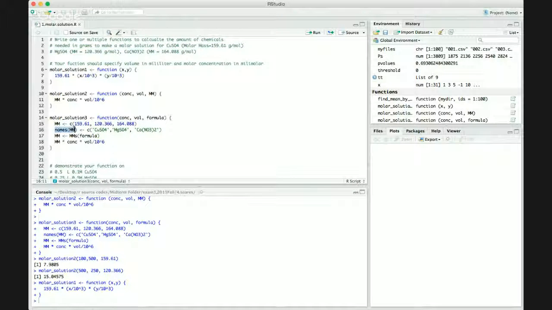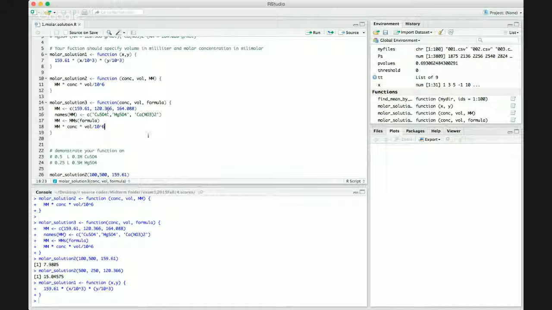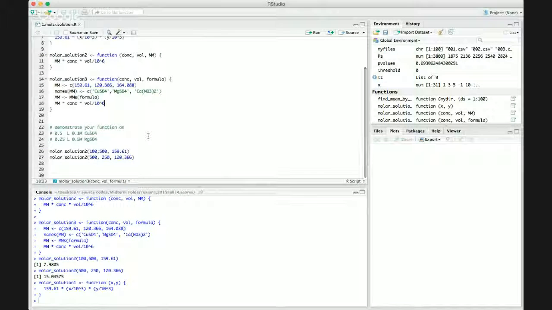Then I assigned names to them, and the names correspond to the molecular mass. So for CuSO4, the molecular mass is 159.61, and all of these correspond correctly. If I wanted to use this function, I could just put in the concentration I want, the volume I want, and the name of the formula, and it would pull up the molecular mass that corresponds to that.